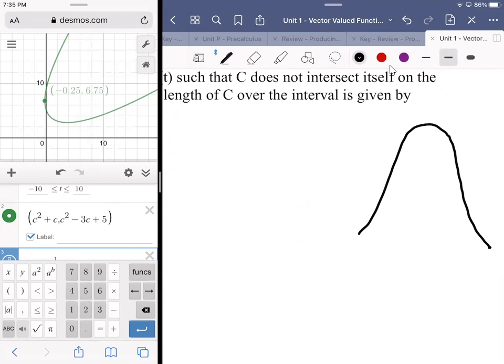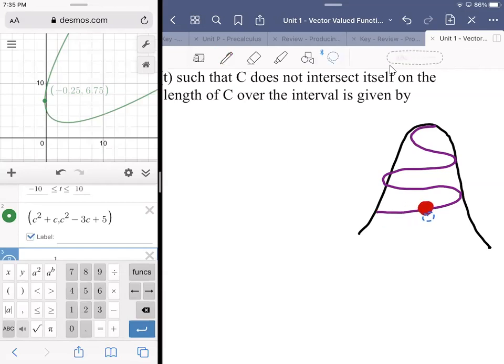And on that mountain, you have a windy trail. Okay. And you have some point that's moving along that windy trail, traveling along, traveling along, and eventually gets to the top. And then starts coming back down.